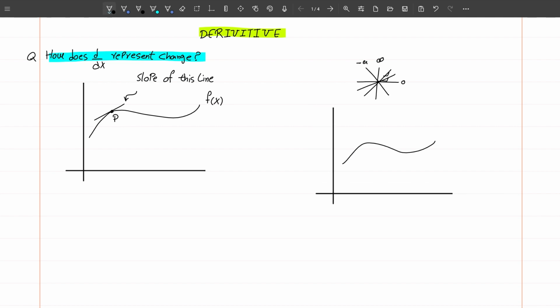I can find the slope of a line on this point, the slope of this line. So using the derivative, I can find the slope of this line, and I also can find the slope of this line, and this line.